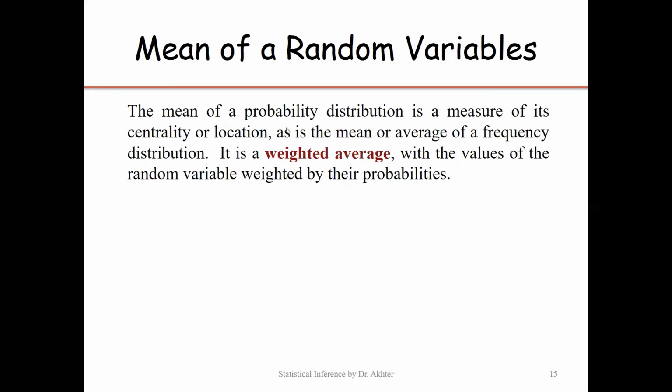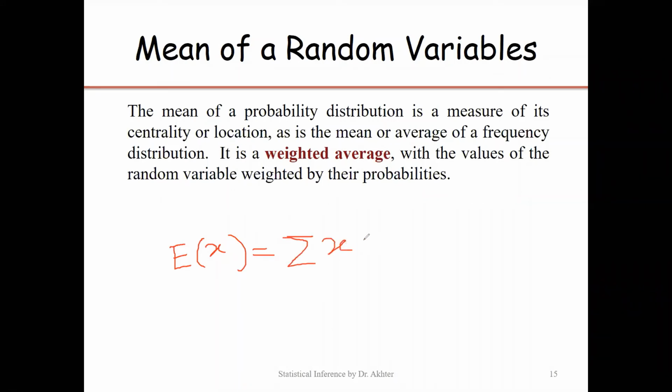Now, the mean of a probability distribution can be computed by E(X). E(X) is basically the summation of X P(X), the weighted sum of X and P(X).